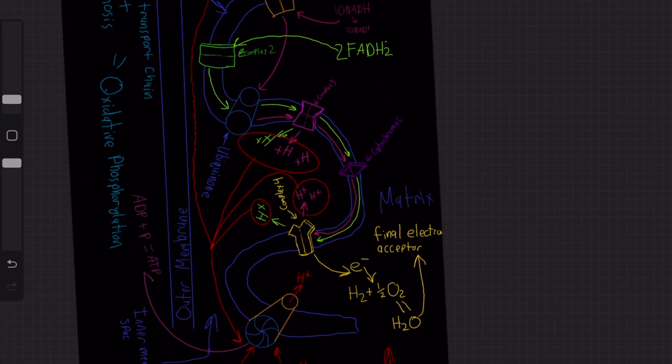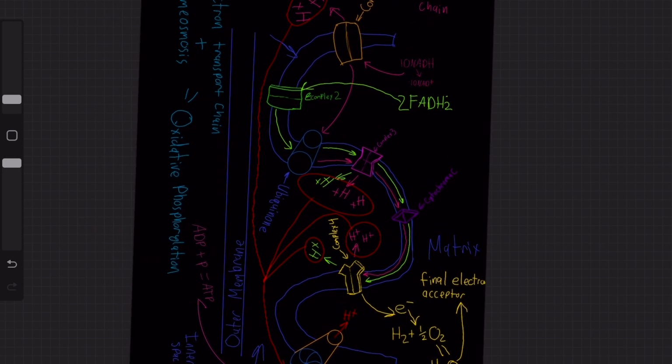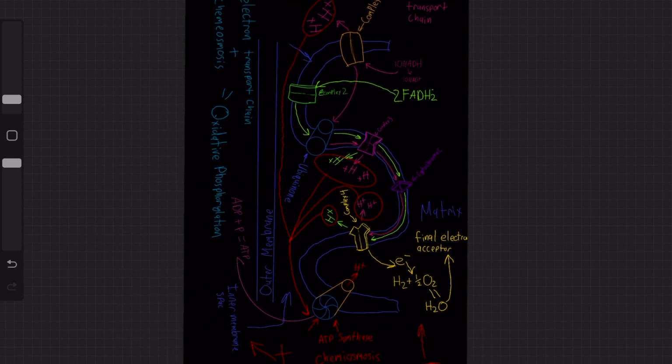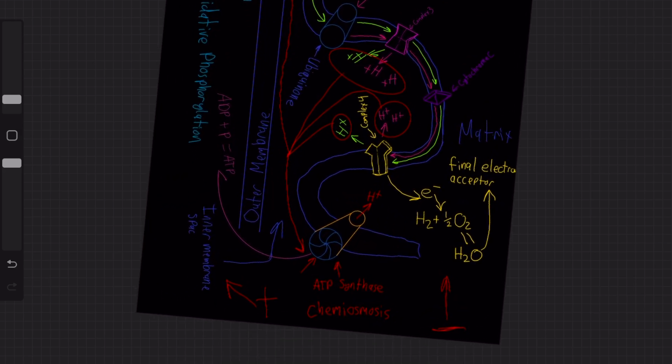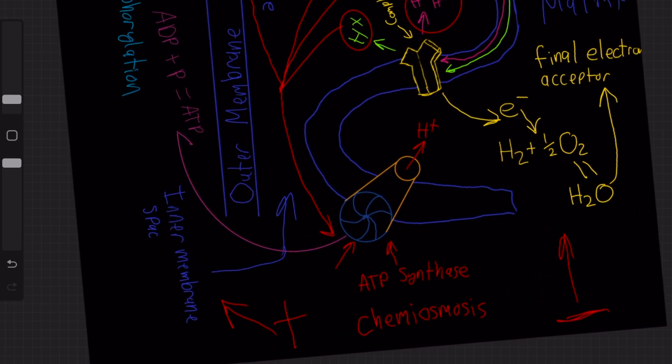For chemiosmosis, the hydrogen ions sent into the intermembrane space create an electrochemical gradient, which is sent to the ATP synthase, which needs to be woken up using a battery or being charged. It sends the hydrogen ions back into the matrix, powering the ATP synthase on.